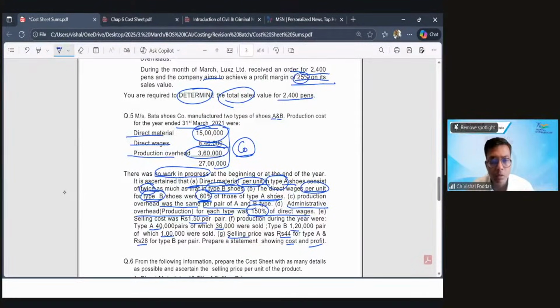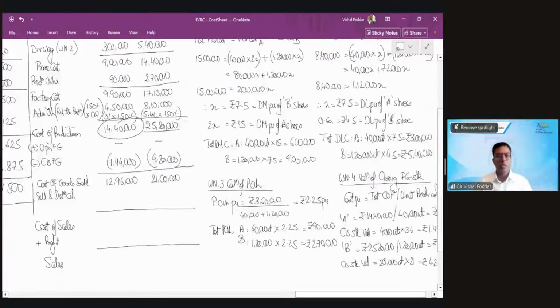Selling cost. Selling cost is 1.5 per pair. So it will be units sold multiplied by rupees 1.5, correct? 1.5. Yes.